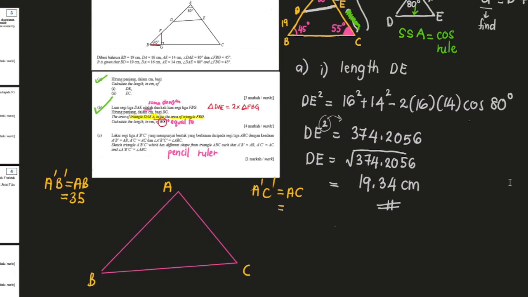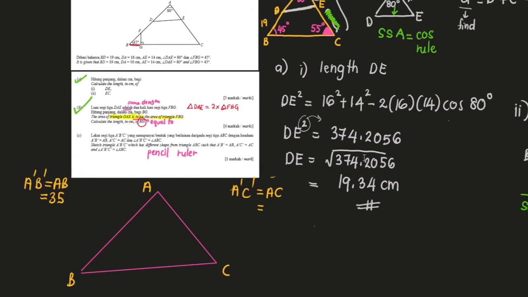Okay, next one, BC. They didn't mention anything about BC, so leave it. And then they also mention the angle. The angle A prime B prime C prime is equal to the angle ABC.